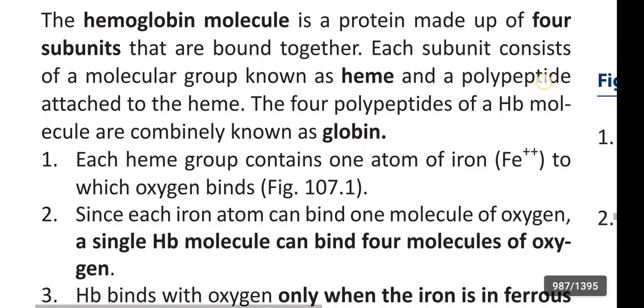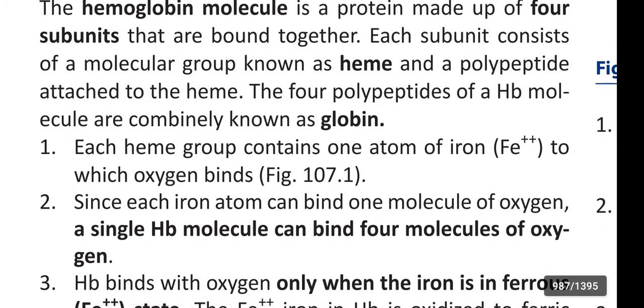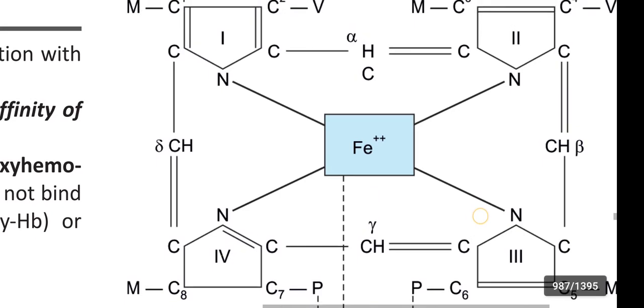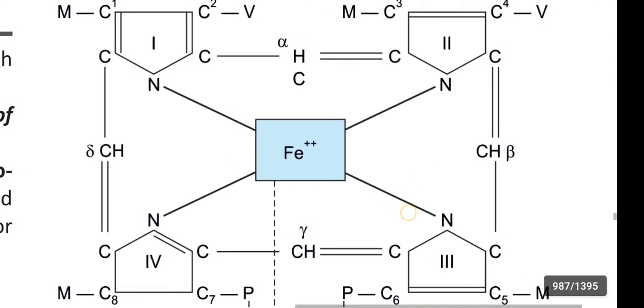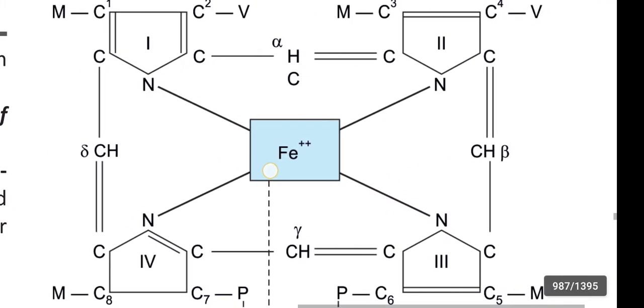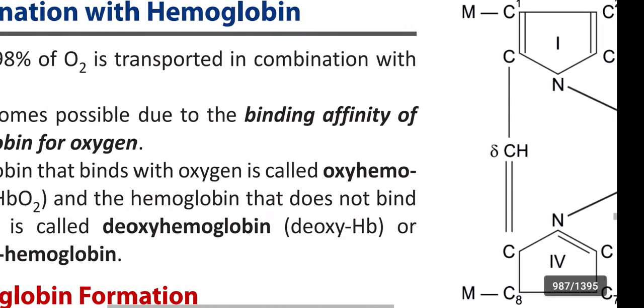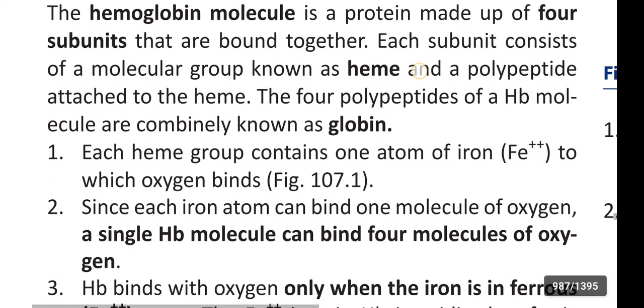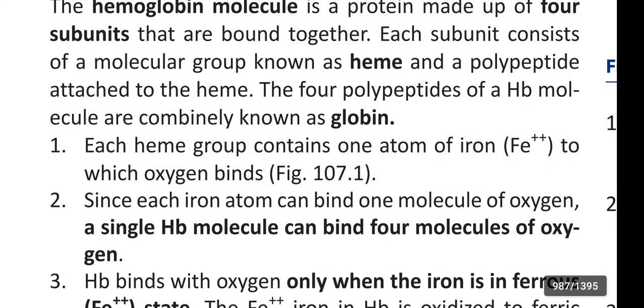Each heme group consists of one atom of iron to which oxygen binds. Since each iron atom can bind one molecule of oxygen, a single hemoglobin molecule can bind 4 molecules of oxygen.